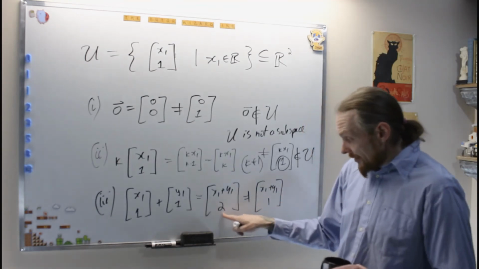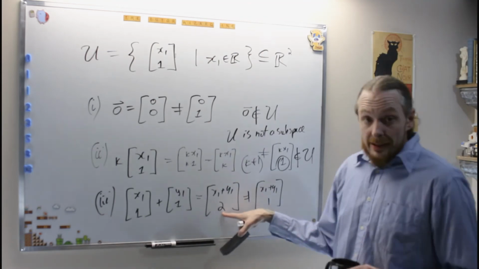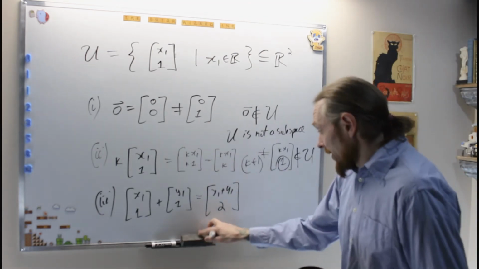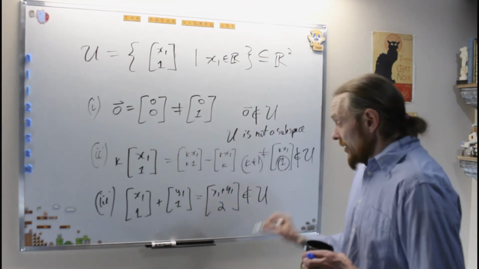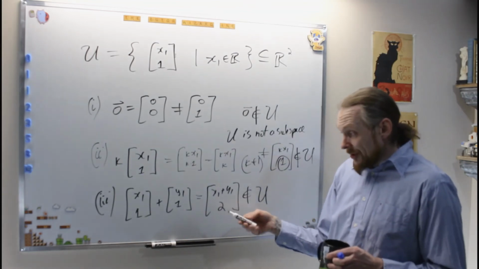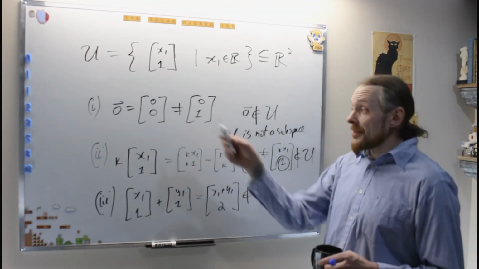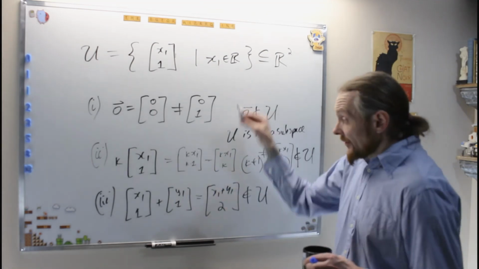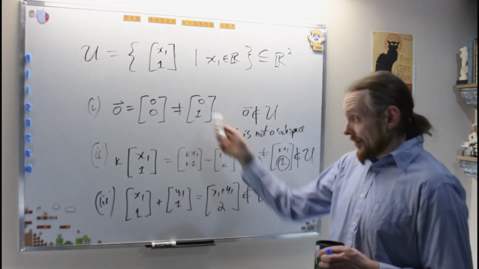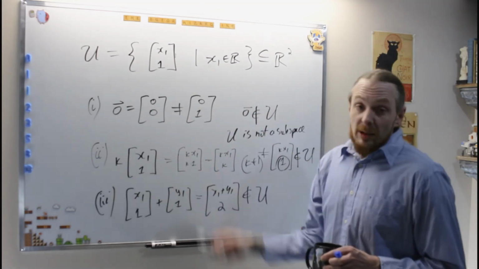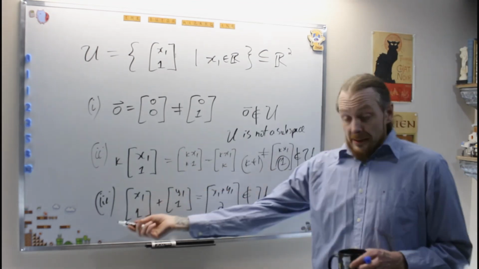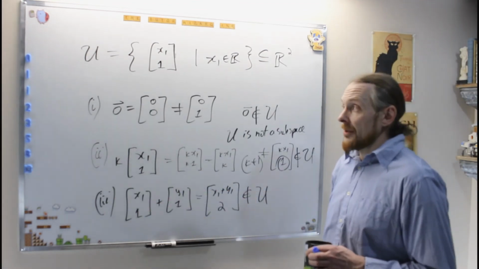Either way, the second coordinate is not a 1, so this is definitely not in U. It's a 2, not a 1. So this is definitely not a subspace. It failed all three conditions that I have to check. 0 is not in there. It fails scalar multiplication, is not closed, and is not closed under addition. Not a subspace.